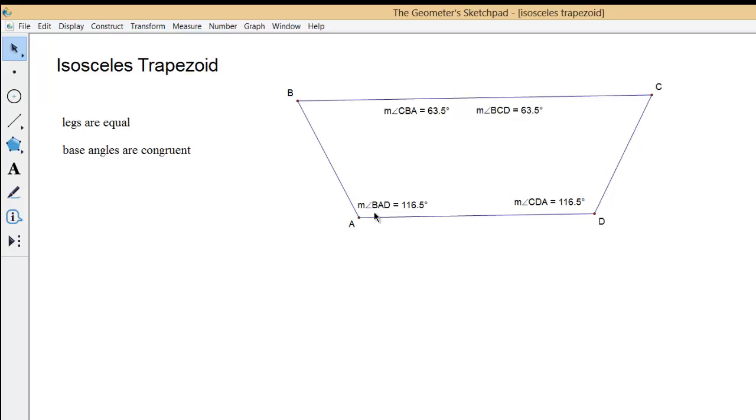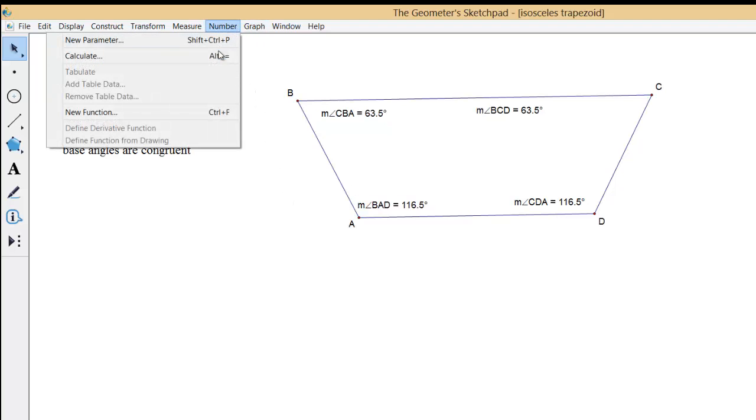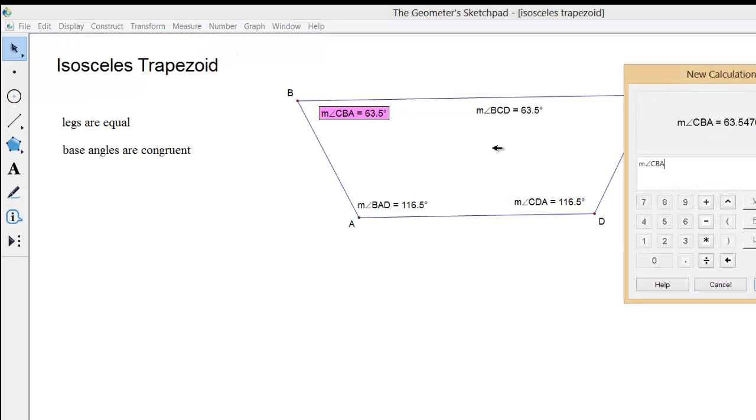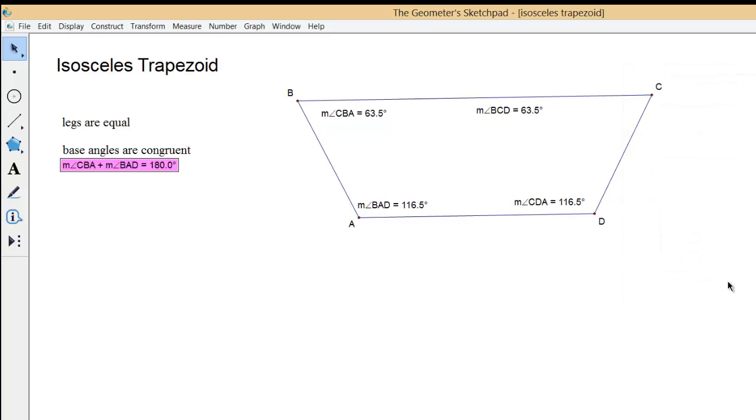So let's also look at these angles, the ones that are formed by each of the bases. If we take this angle and add it to this angle, let's see what we get. So we can see that these two angles add up to 180.